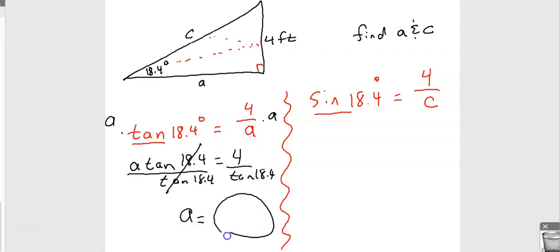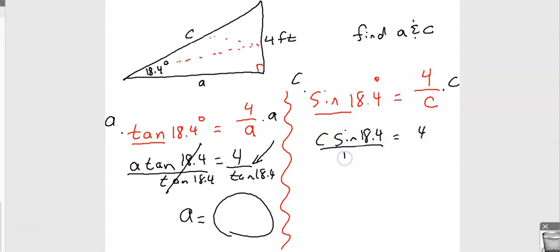Then you plug that into your calculator, again in degree mode, and that's going to give you the distance of A. Likewise here, you multiply by C. That gives us C sine of 18.4 equals 4. And then just divide by sine of 18.4.